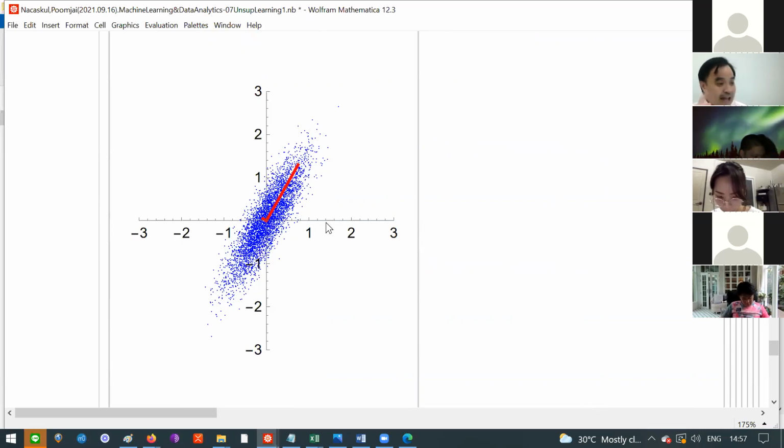Now, the dot product is to say for every point here, if I take the dot product with this eigenvector, I'm going to get this point. If I take a second point and take the dot product with the eigenvector, I'm going to get this point. Basically, it's the projection.